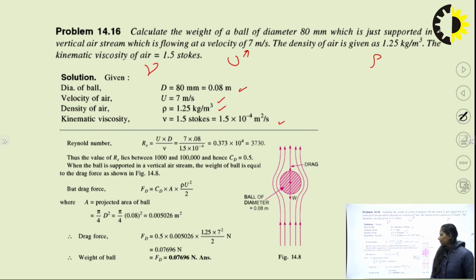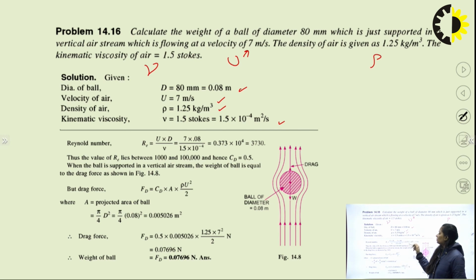The purpose of giving the kinematic viscosity is to calculate the coefficient of drag when the Reynolds number is in some particular range. The formula for Reynolds number is velocity multiplied by diameter divided by kinematic viscosity.